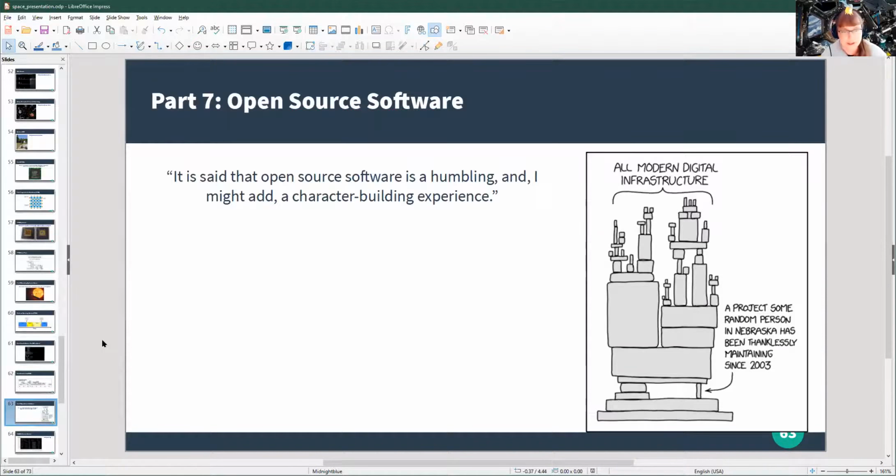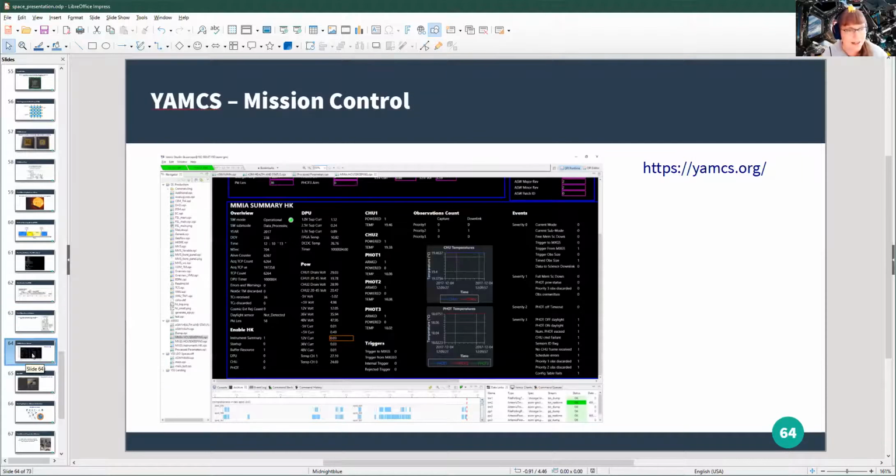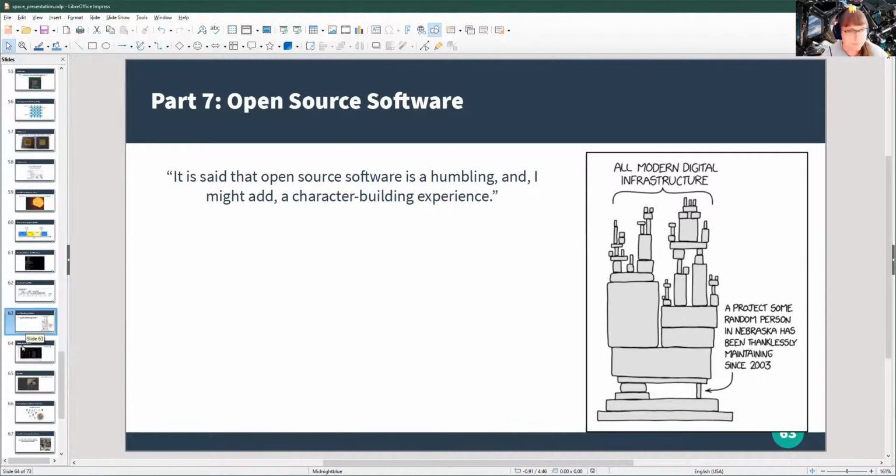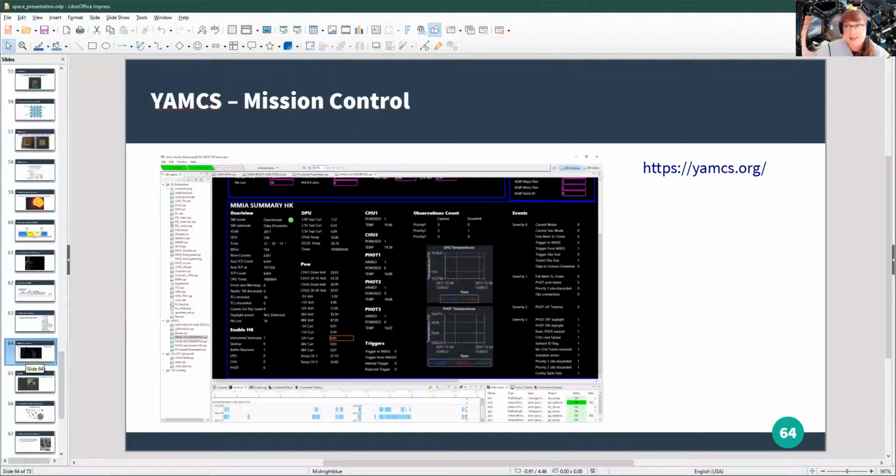And of course, let's talk about the software involved. We talked a lot about the hardware, how the signals get there, what it's run on, but what software is being run on spacecraft? And almost all of it is open source, and so we can play around with it, which is very nice. So, mission control software. We all have seen the images of NASA's mission controls.